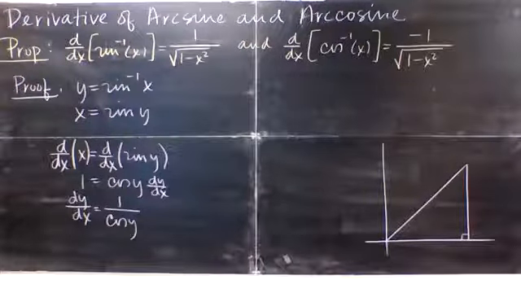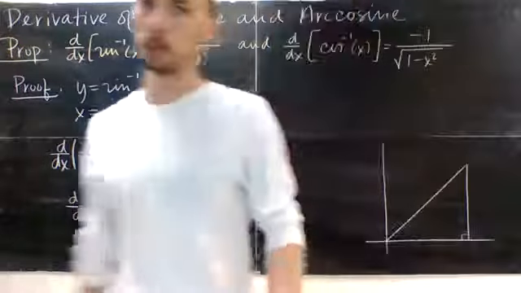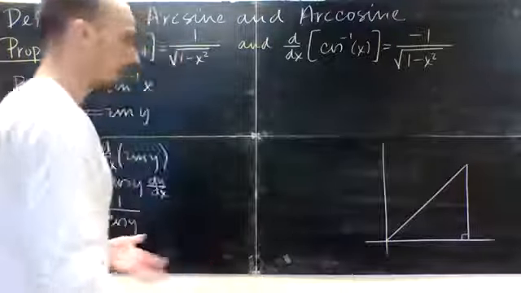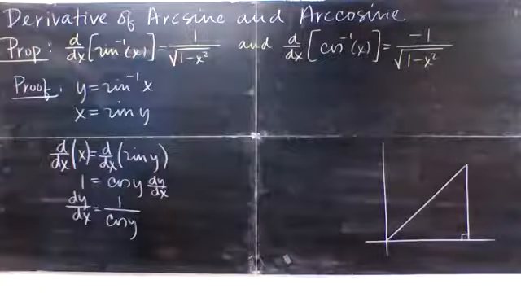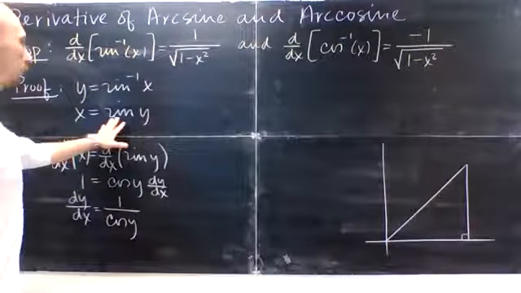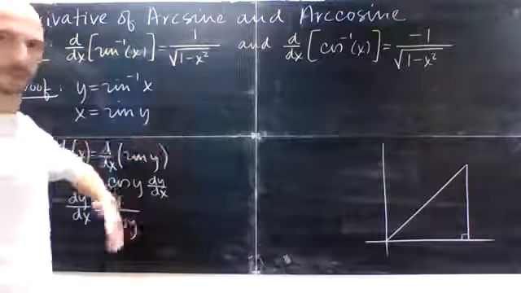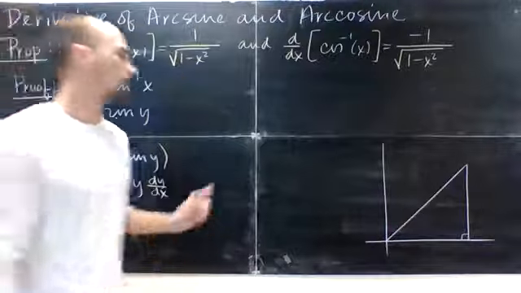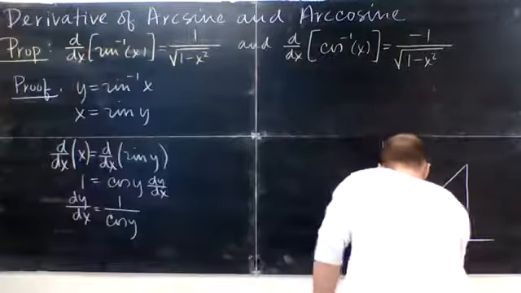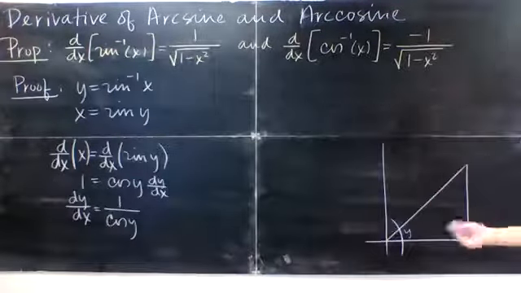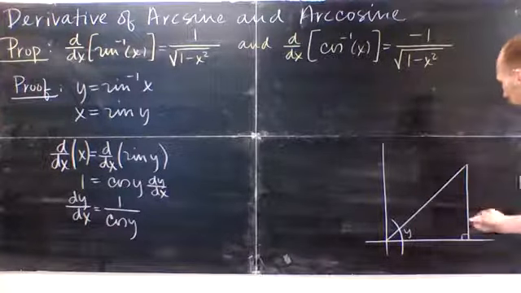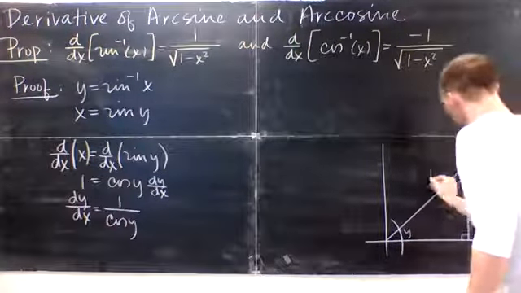Now, I think the easiest right triangles to consider are going to be the ones where the hypotenuse has length 1. So I'm going to assume that. But let's just say x is the sine of y. Well, we take the sine of an angle. So that means that y needs to be the arc whose sine is x. And sine is opposite over hypotenuse. So I'm going to label that as x and 1.